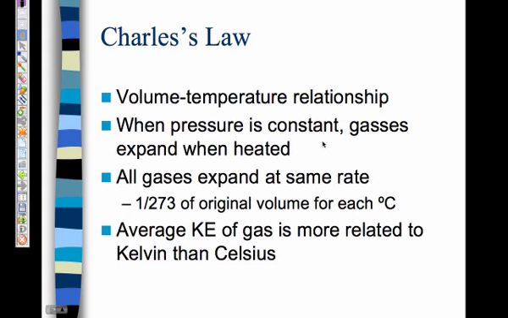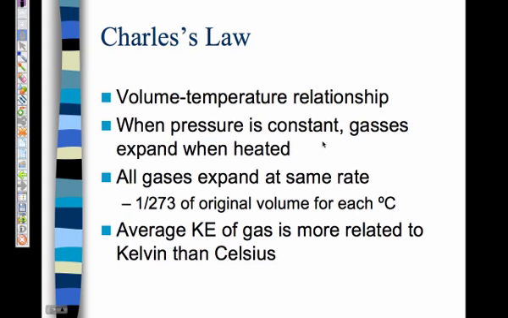Kelvin to Celsius, you'd subtract it. Because if you think about it, 0 Kelvin is absolute zero. You aren't going to add 273 to that to make it 273 Celsius.